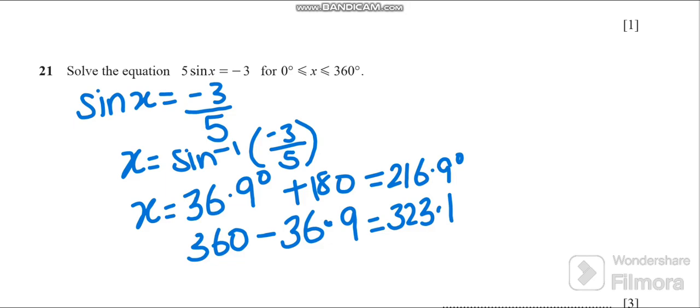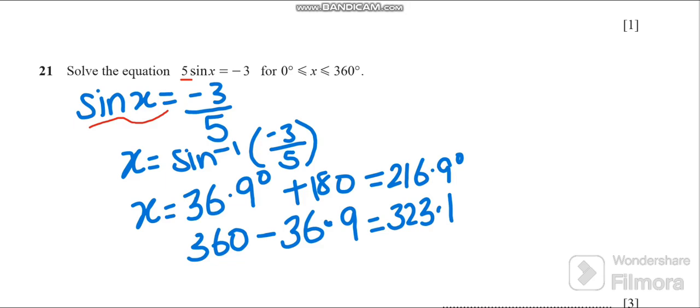So first we will move 5 to the right side and write sine x is equal to minus 3 divided by 5. Then we will move sine to the right side, making it sine inverse. So x is equal to sine inverse of minus 3 divided by 5. So the value of x is 36.9 degrees.